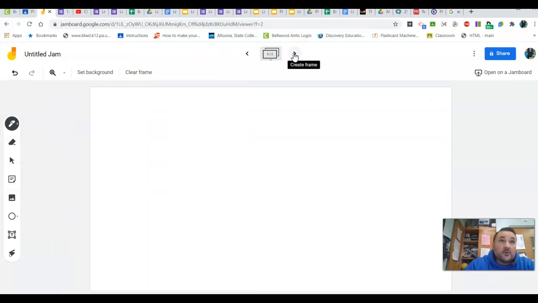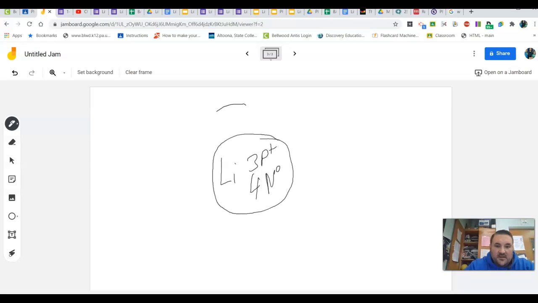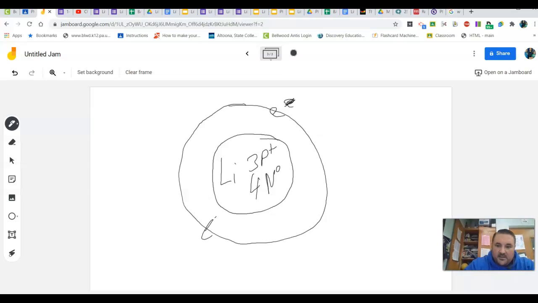So let me show you one. If I take lithium, 3 protons, 4 neutrons, it'll have 2 electrons in this first shell. It has only one in this outer shell. It gives that up freely. This is the valence shell.